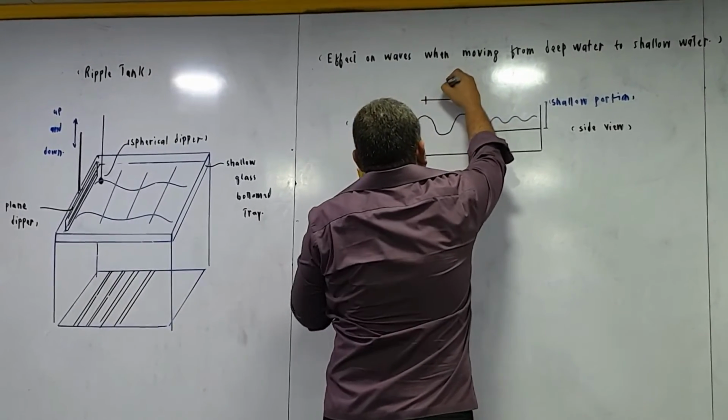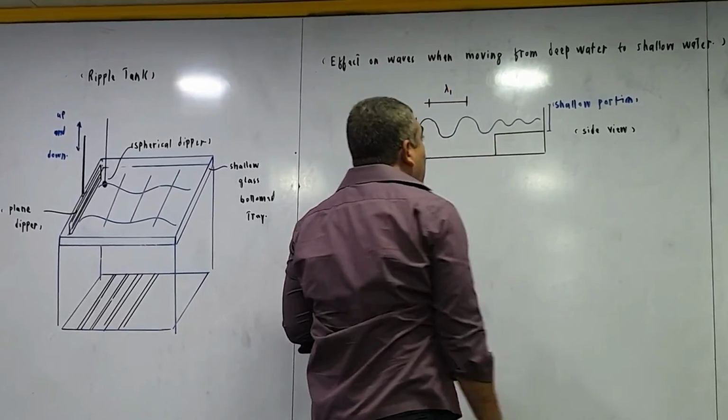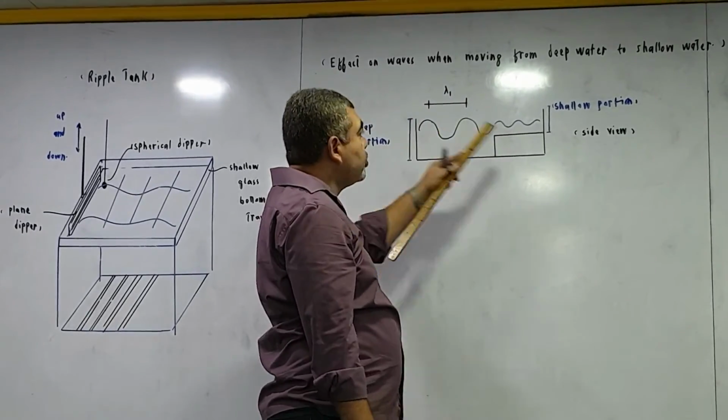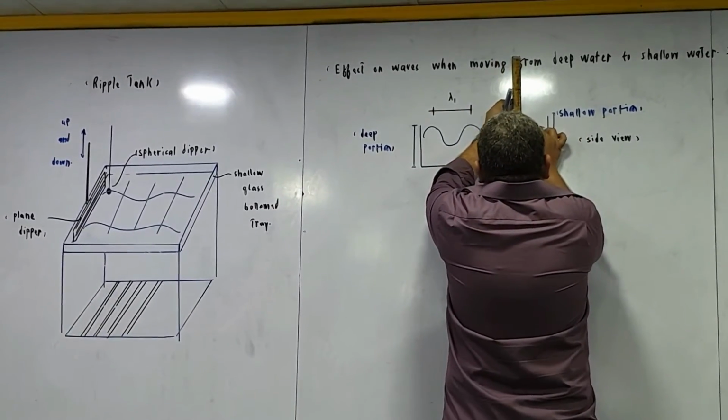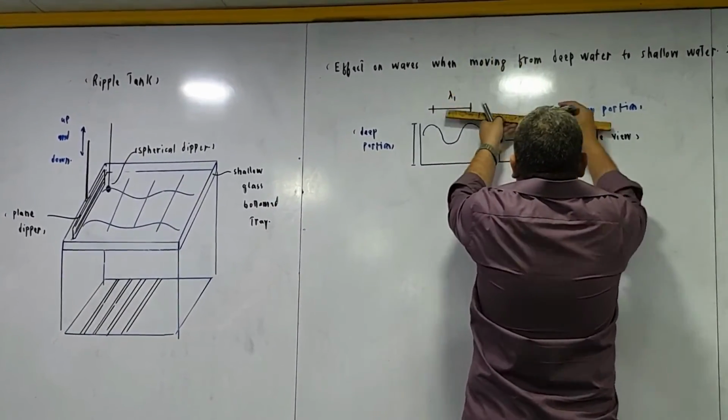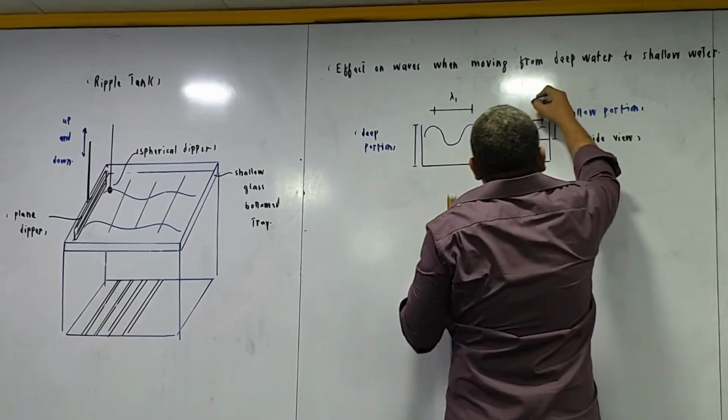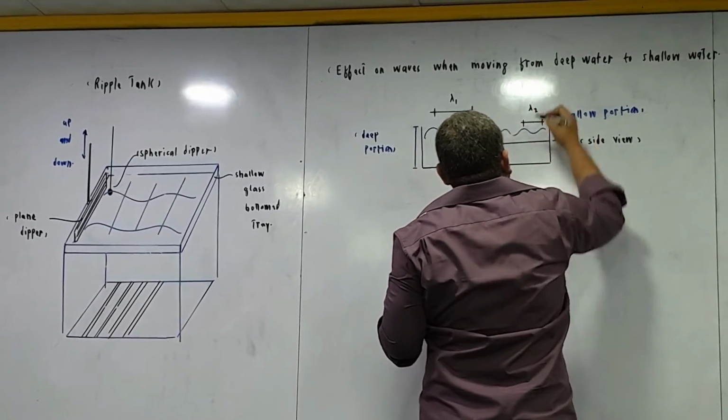We may say this wavelength is lambda 1. This is a long wavelength. And when it travels from the deep portion to the shallow portion, the wavelength shortens. So, ये आ गई आपके पास wavelength lambda 2.